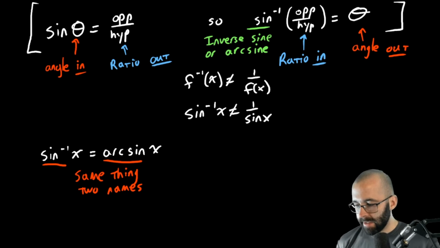All right, so let's do an example, and then let's go back to that little pesky problem of not passing the horizontal line test. Example 1.